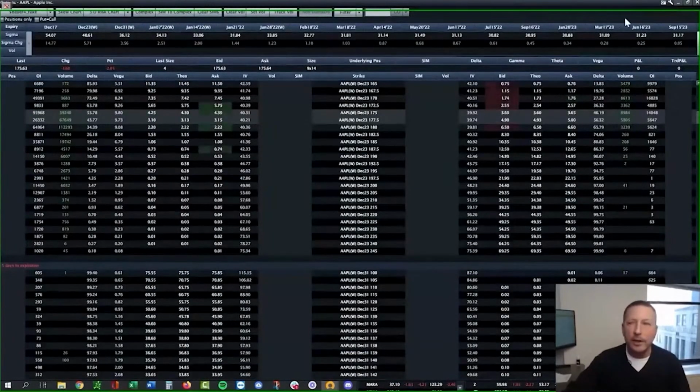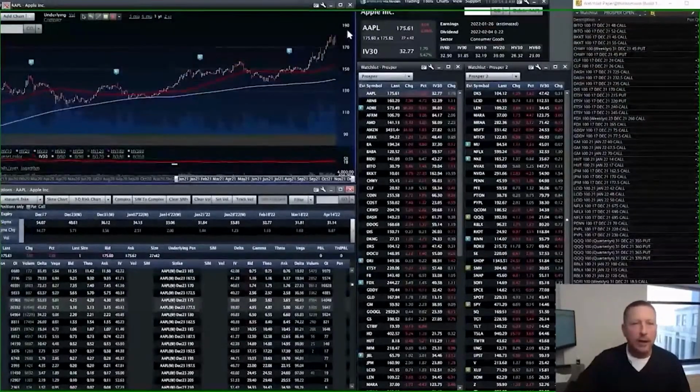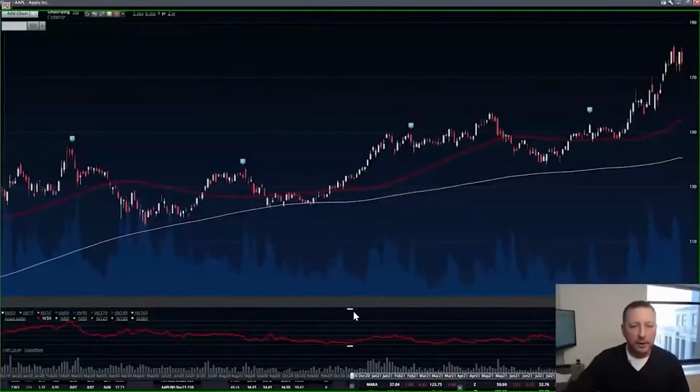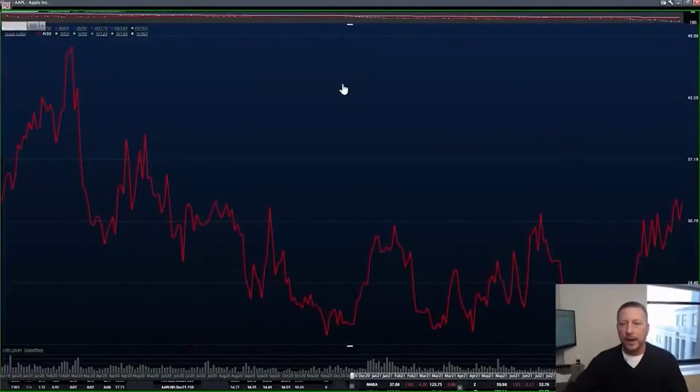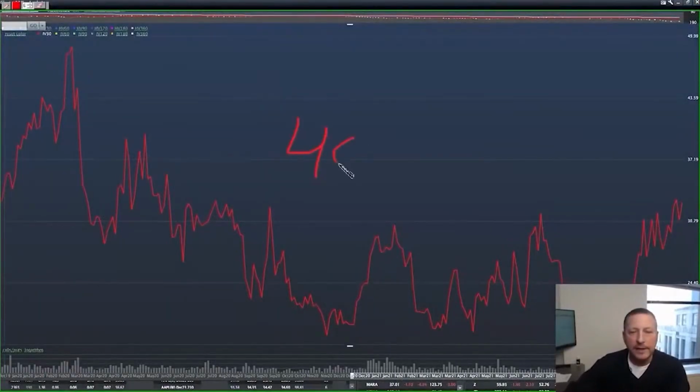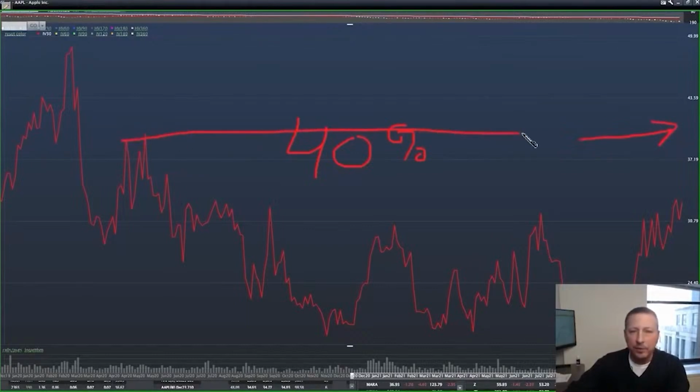Well, that's why we use our implied volatility historical chart here. If I look right now at an implied volatility of 40% in Apple, man, that's way up here at the top of its range.